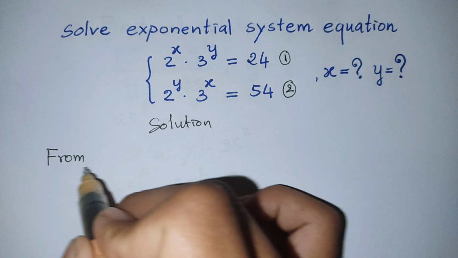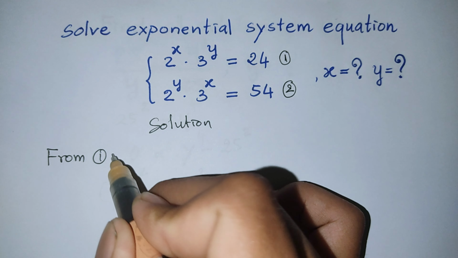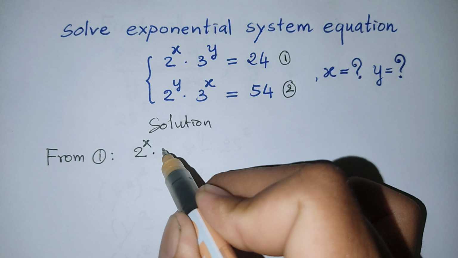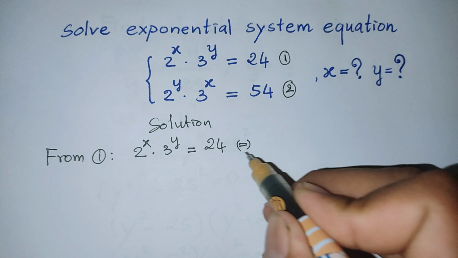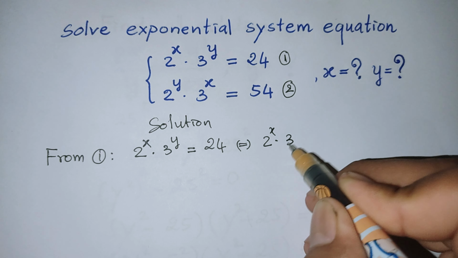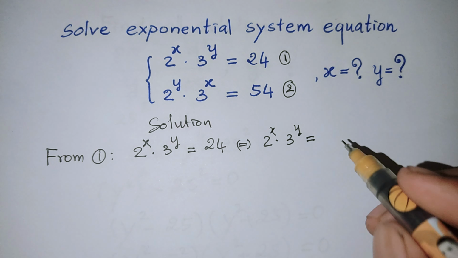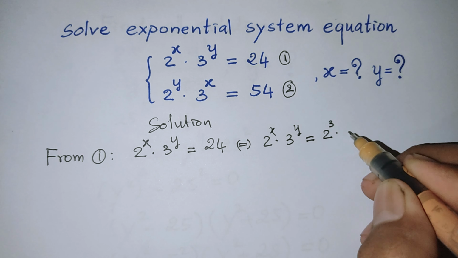From the first equation, 2 power x times 3 power y equals 24, which can be written as 2 power 3 times 3.